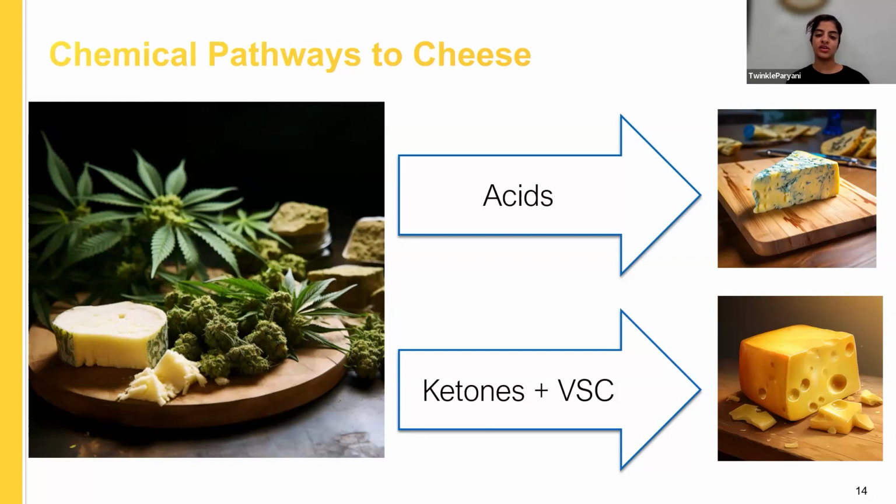So the addition of that methyl amyl ketone and then a savory VSC, specifically prenylthiol, pushes it more towards cheese than tropical. And so we propose these two different pathways for two different kinds of cheese smells based on the data there. And we're hoping to get more cheese cannabis in our hands so that we can validate or verify this, or research more to see if there are more compounds that we didn't identify.